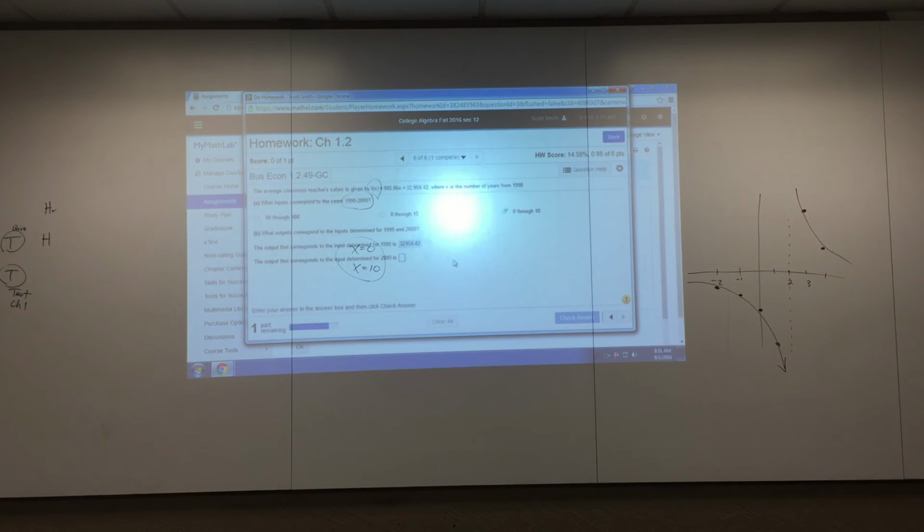All right. What output corresponds to 2000? That means plug in a 10. I'm just going to plug in a 10 and add it together. Anybody got an answer? 3241. I plug in a 10 for X, multiply by 10, then add that together.